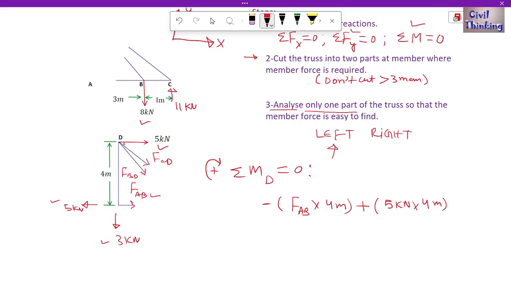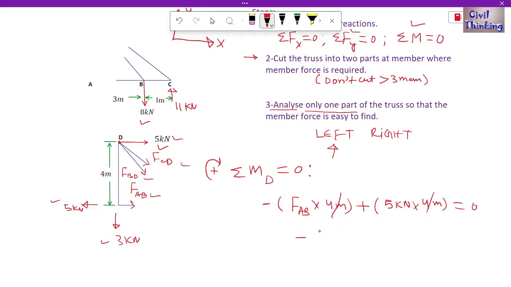The moments at D due to FCD and FBD are going to be 0, because their lines of action are passing through D. So we found the moment due to everything, and I will equate it to 0. Now this 4 meter and 4 meter will cancel out.